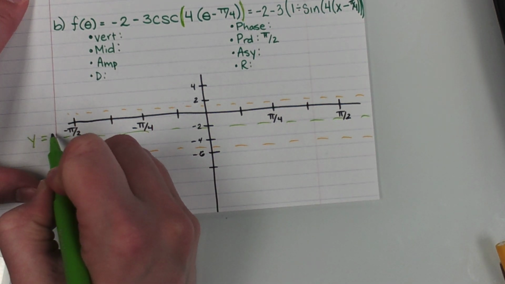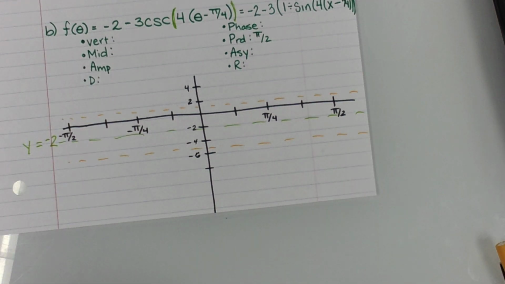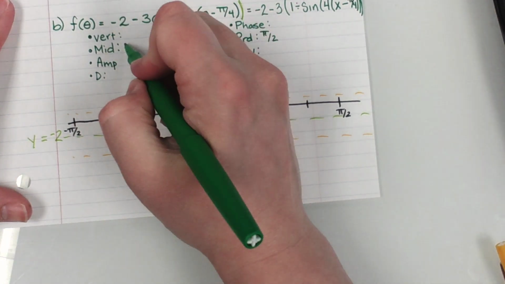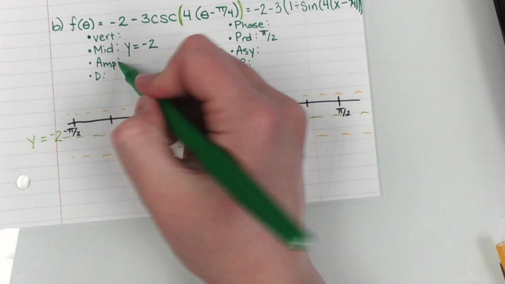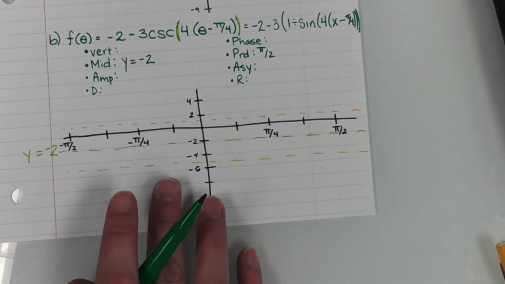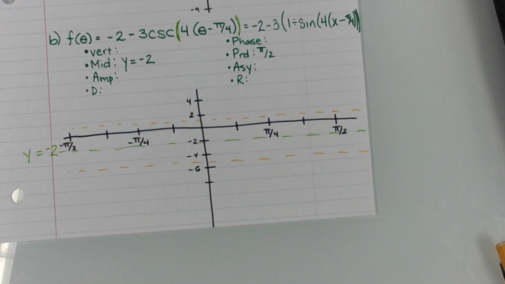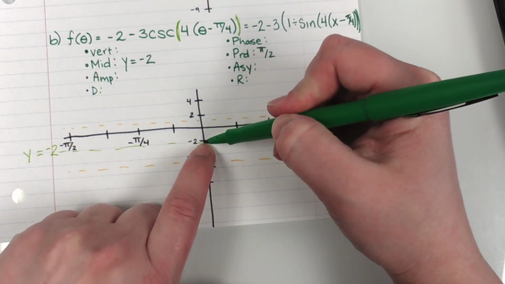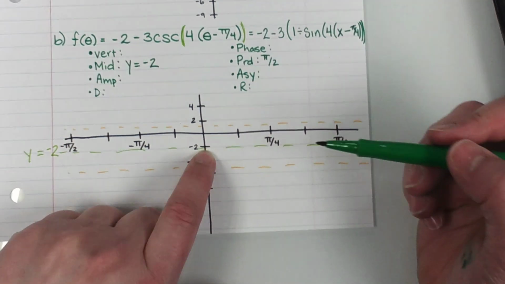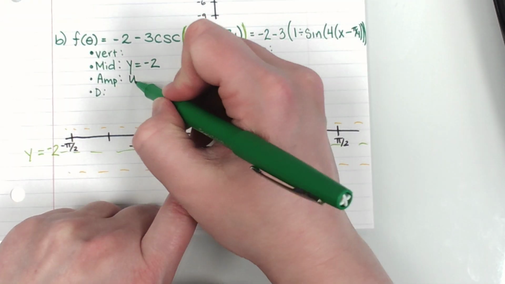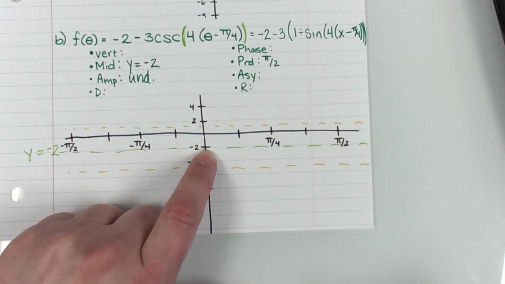It's called a midline for a reason. Now, the calculator for cosecant and secant and cotangent and tangent is not going to tell me my amplitude. It's going to tell me the amplitude for sine and cosine, which the amplitude would be the distance between the midline and the maximum. 3. Or for this case, it would be undefined.